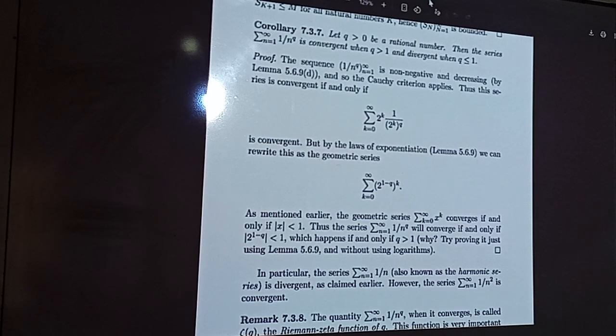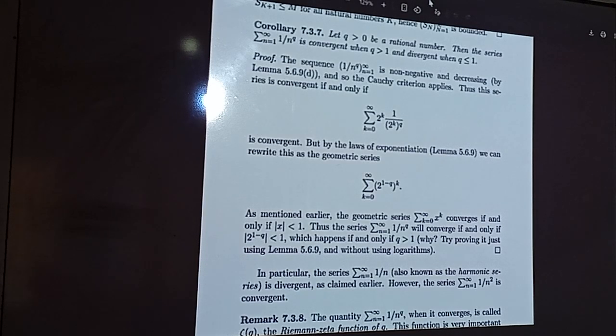What it says is, let q greater than 0 be a rational number. I don't know why, because we haven't defined... Did we define irrational powers? We did. Yeah. I would say, let q greater than 0 be a real number. We know powers. Then the series sigma 1 over n to the q is convergent when q is greater than 1 and divergent when q is less than or equal to 1.